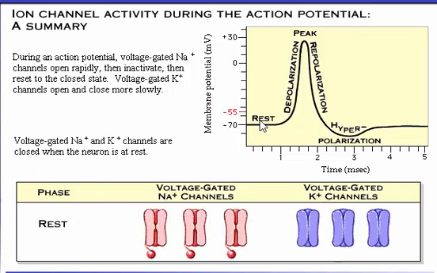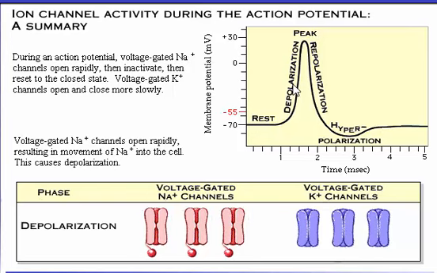Voltage-gated sodium and potassium channels are closed when the neuron is at rest. Voltage-gated sodium channels open rapidly, resulting in movement of sodium into the cell. This causes depolarization.